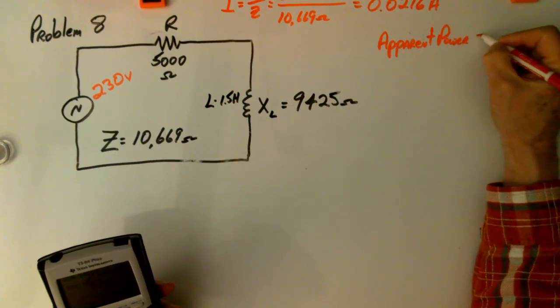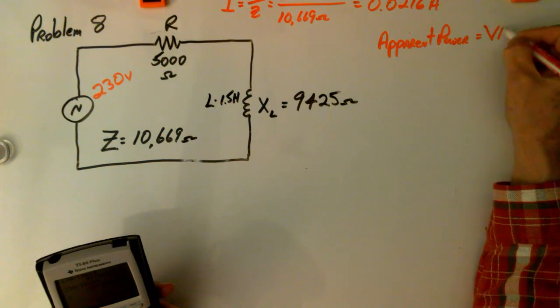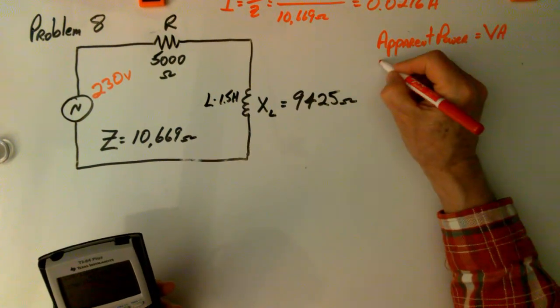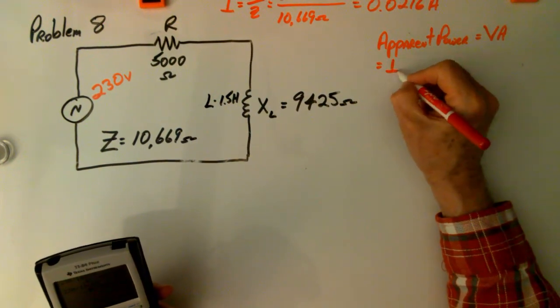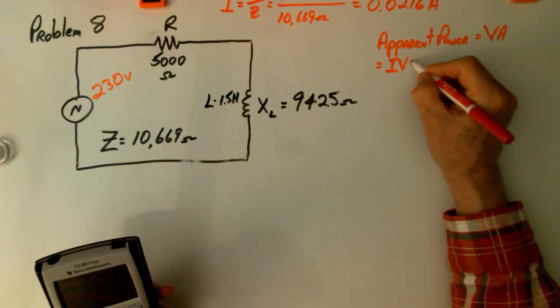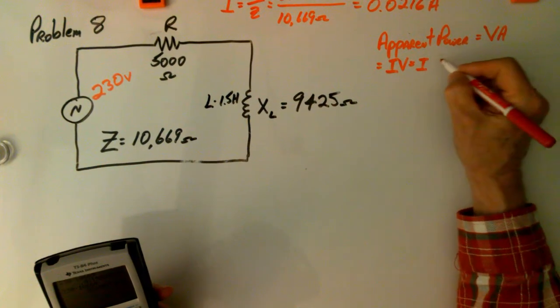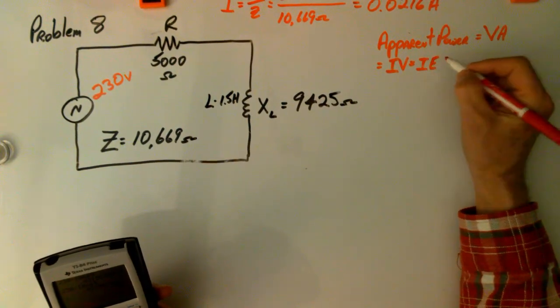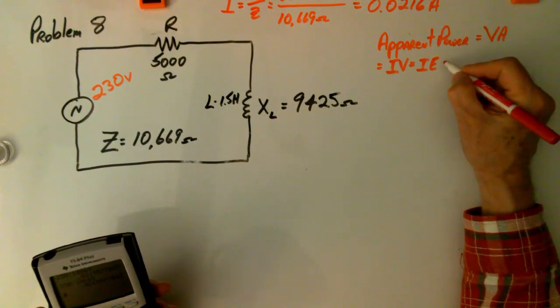So, the other day, last day in class, we were discussing this, and apparent power is equal to volts times amperes, or I times V, or I times E, whatever you like to use as designators for that.